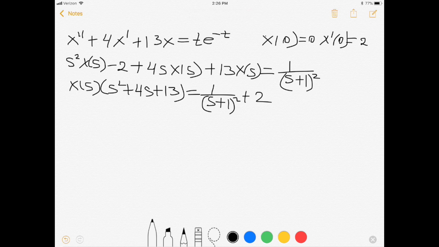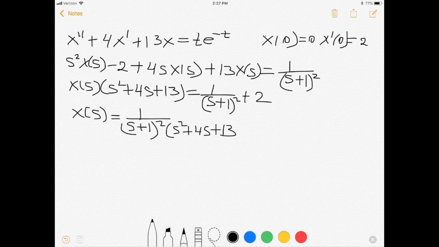Divide by our factor, we have X(s) equal 1 over (s plus 1) squared times (s squared plus 4s plus 13), and plus 2 divided by s squared plus 4s plus 13.